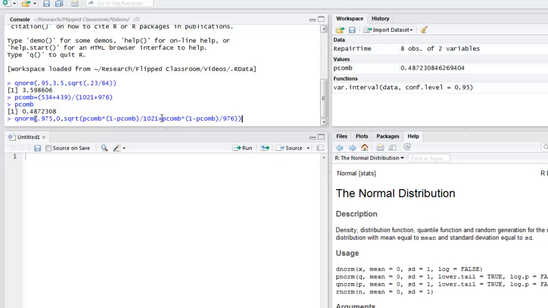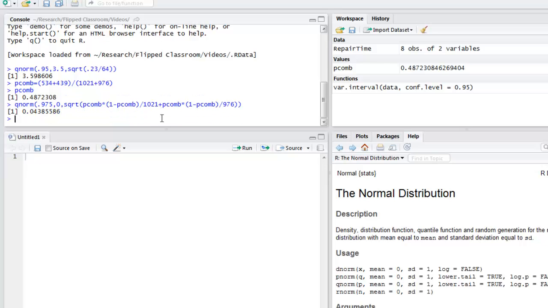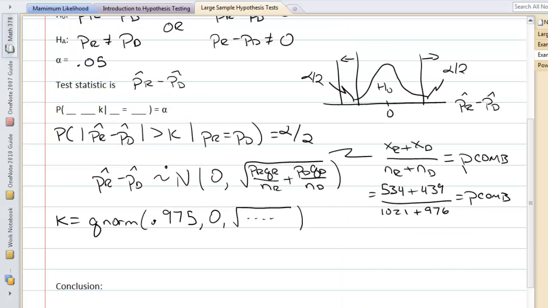Make sure I have all my parentheses. Looks good. So that's my rejection criteria. 0.0438. I need to now calculate my sample value.